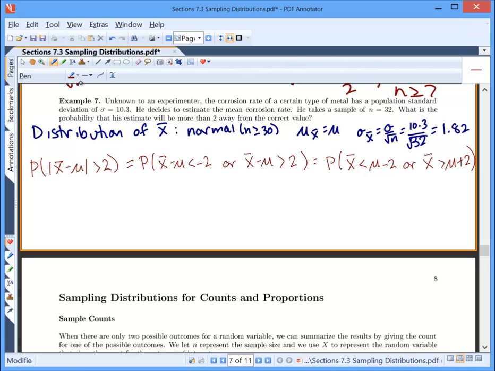Notice this is now the format that we're used to working with. Okay, we've done this for a couple different sections now. I know how to find the probability that x bar is less than something or x bar is greater than something. I need to standardize, and I need to do it using the mean and standard deviation for x bar.